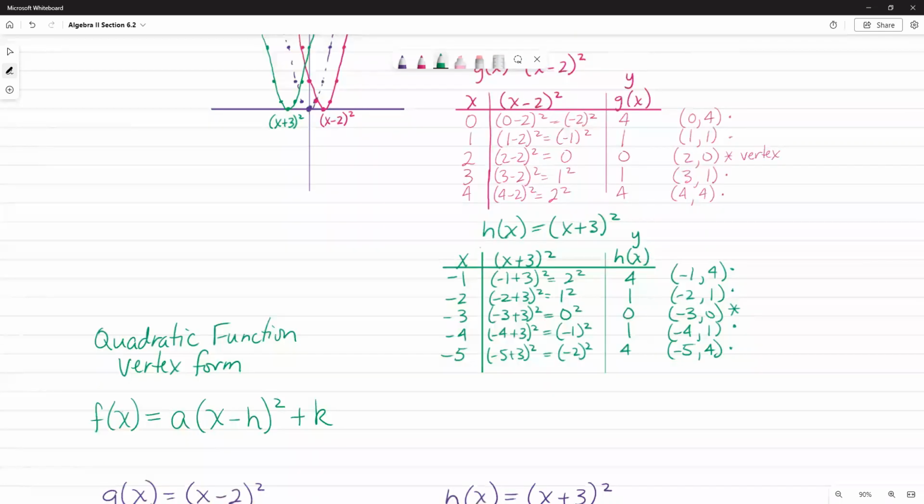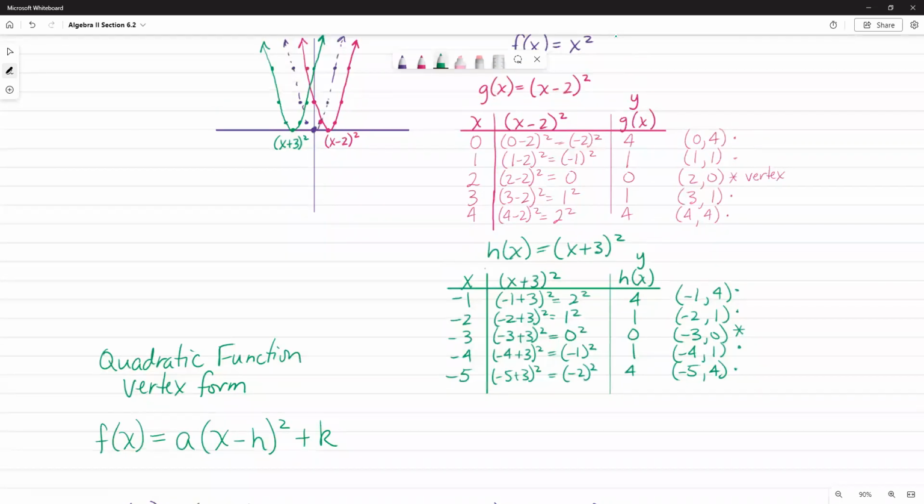Let's look at one thing we talked about in class: why, when I subtract 2 from x, do I actually move to the right on the x-axis, +2 for my vertex, and why, when I add 3 to x, do I move down or left on my x-axis? So let's talk about that.